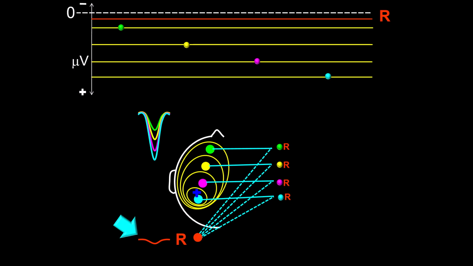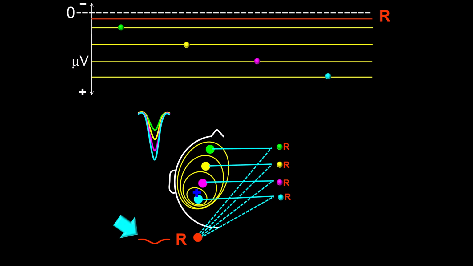It is positive because, as you can see in the polarity graph, the reference is on the positive side of the zero line. You should also notice that the amplitude is the lowest of all the waves represented in this frame. This is so because it is the one that is closest to the zero line in the voltage graph.